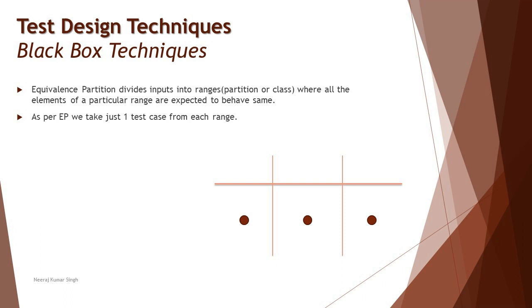Now, there's no point testing all 7 days, especially trying for 100% testing. There's just one simple concept here: using equivalence partition, all the elements of a particular range will behave the same. So no matter whether I take Monday, Tuesday, Wednesday, Thursday, or Friday, any one of these, the answer will be that the ticket should be booked. So I don't have to try with 5 test cases here.